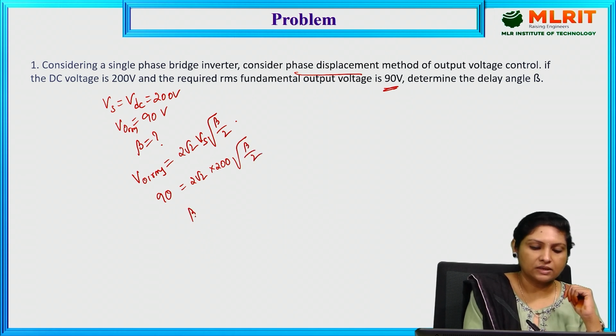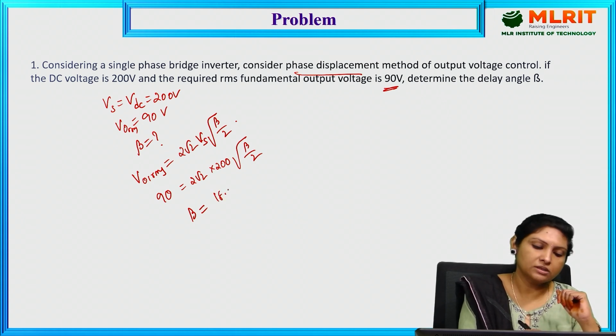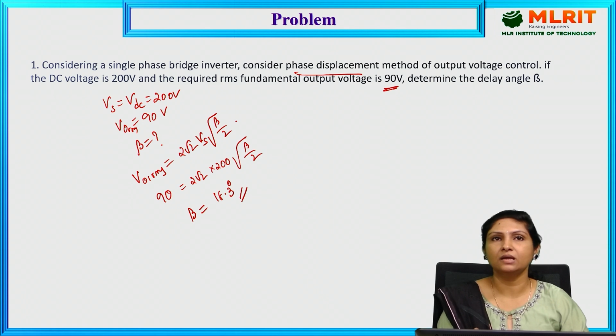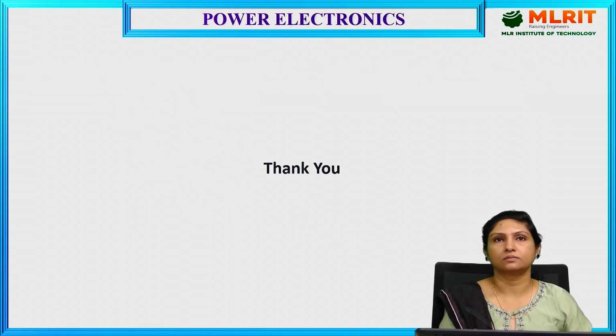In that case, if we solve, we get beta is equal to 18.3 degrees. This is the angle required in order to obtain the required output voltage of the inverter. Thank you.